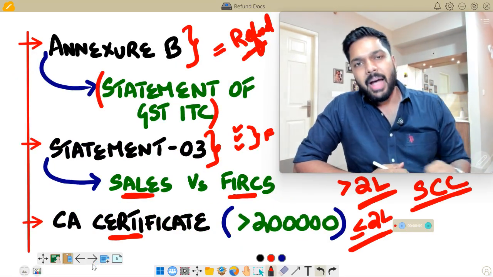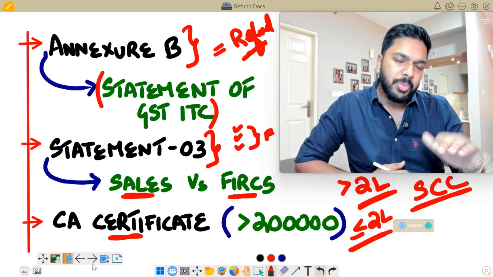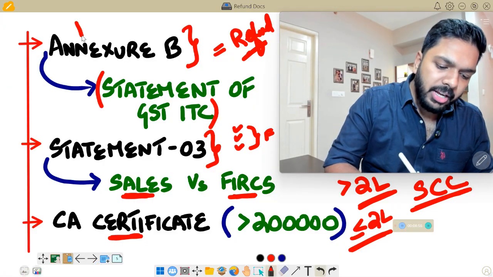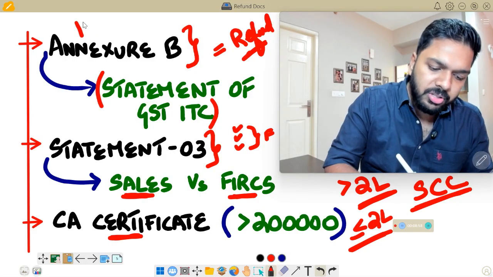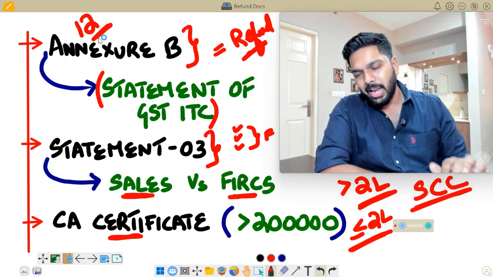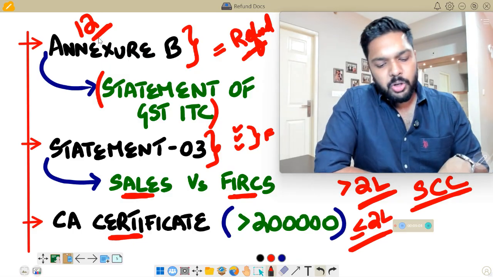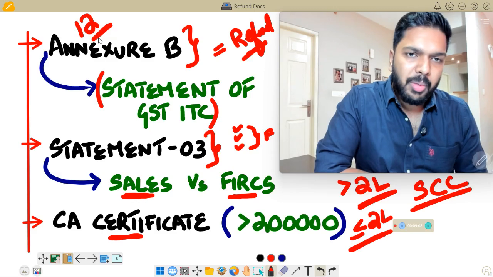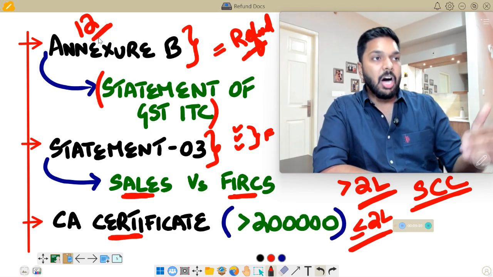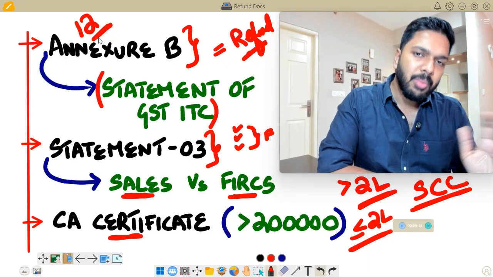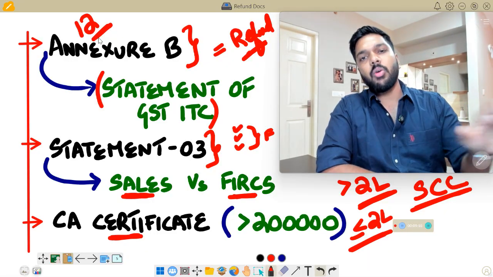So these were the mandatory documents required to be attached along with the application in RFD01. If you count including that for goods, there are totally 12 documents that you need to upload. And like I said before, these documents become very important because ultimately it's a case of money coming into your pocket from the government's pocket. So the scrutiny level will be much more, and they'll be more strict with checking all these documents.